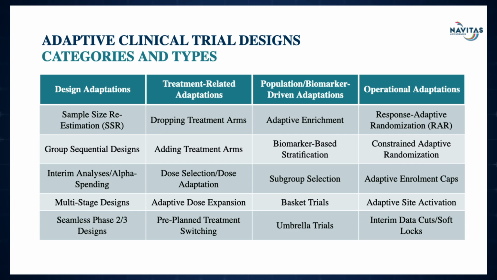Design adaptations include sample size re-estimation, group sequential stopping for efficacy or futility, and seamless phase 1-2 or 2-3 trial designs. Population or biomarker-driven adaptations include adaptive randomization for population or subgroup selection. Operational adaptations include response adaptive randomization for allocation probabilities.